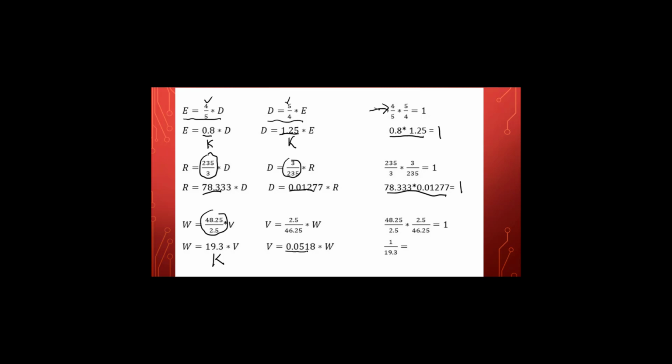Now I'm going to ask a little different question. What is 1 divided by 19.3? Here's 19.3, and I want to know what 1 divided by 19.3 is without a calculator. If you answered that it is this, you are correct.